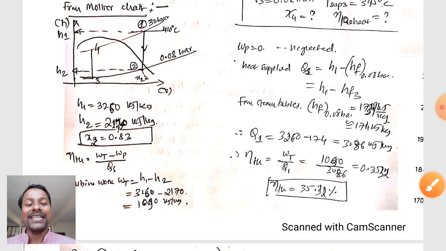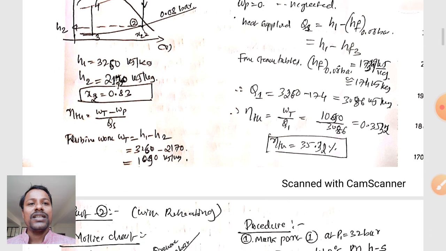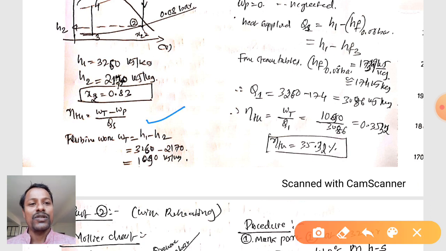So for getting that I will use the Mollier chart. So here H1 and H2 we need to calculate. For that I will have to refer to the Mollier chart. So turbine work I have written as H1 minus H2, this is the formula. So I need the value of H1 and H2.